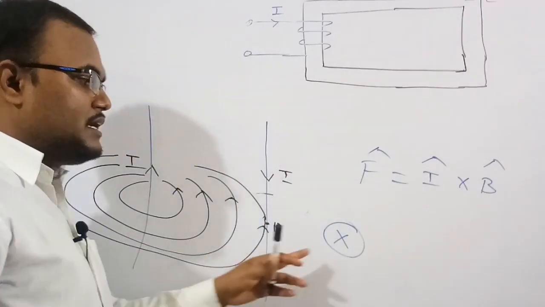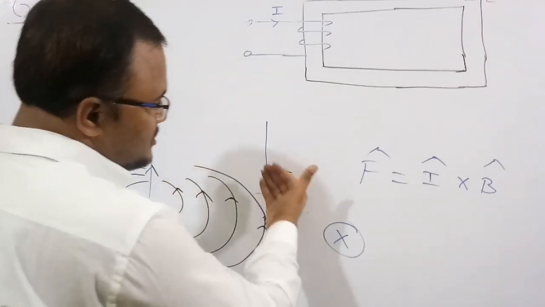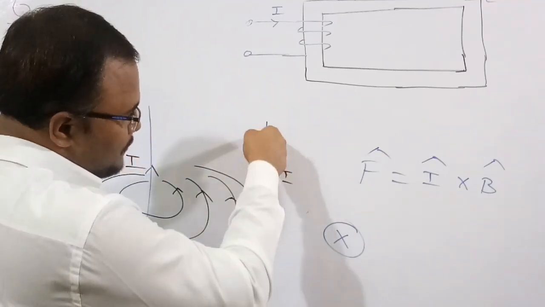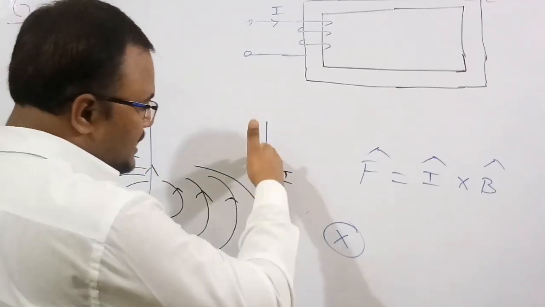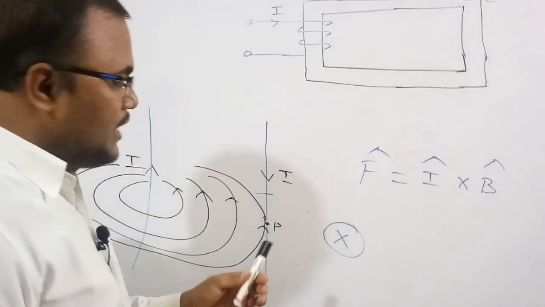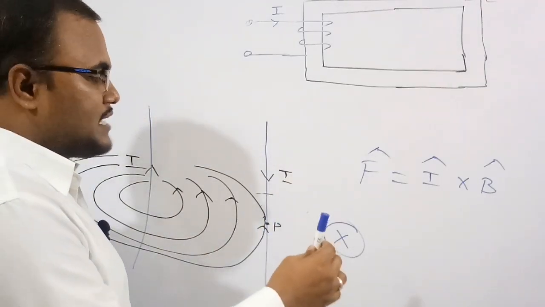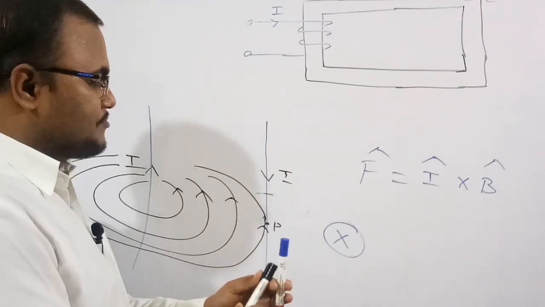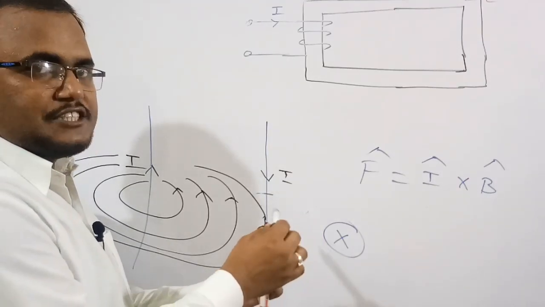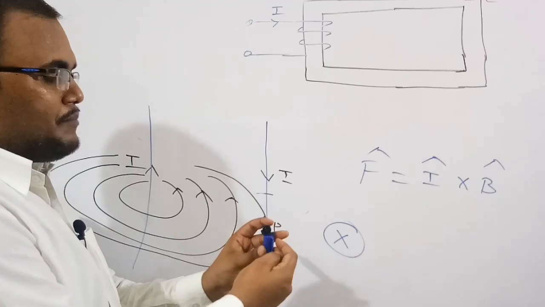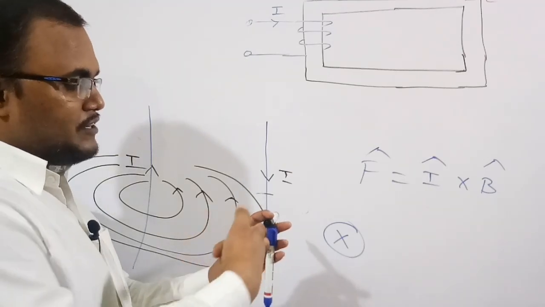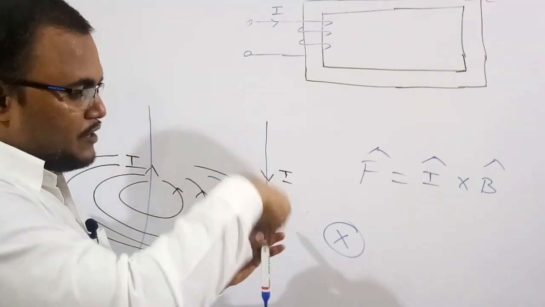The current at point P is going from up to bottom, so the current is in a downward direction. Let me assume this blue at point P indicates the direction of the current and this black indicates the direction of the magnetic field. Across point P, the magnetic field is going inside and the current is going downward.